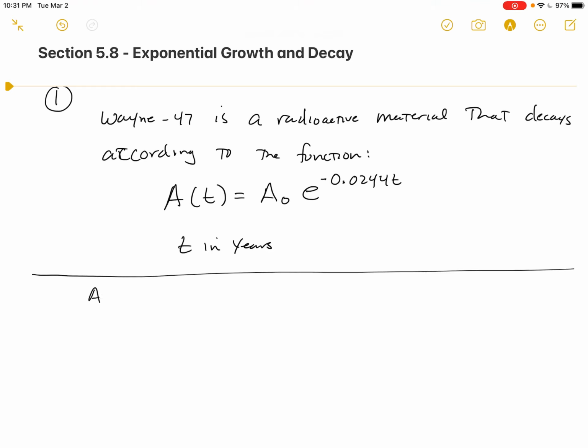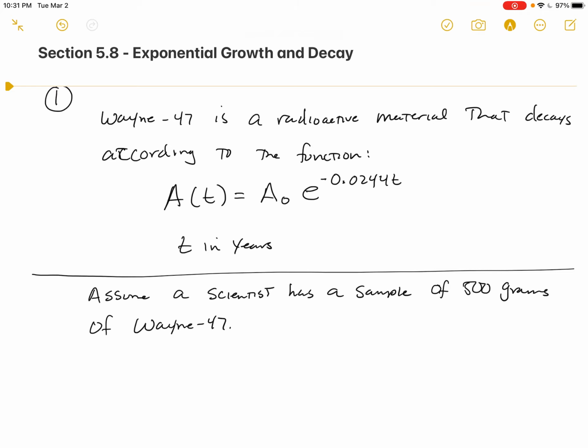And then they say this: assume a scientist has a sample of 500 grams of Wayne 47.